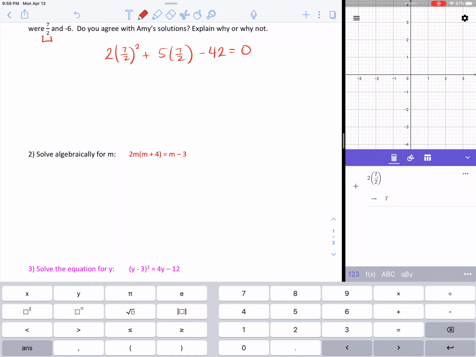Outside the parentheses, squared, plus 5, parentheses, 7 divided by 2, minus 42. I typed it in incorrectly, so that's no good. Get rid of that minus 42 inside the parentheses. It has to go outside the parentheses, and that equals 0, so that checks.